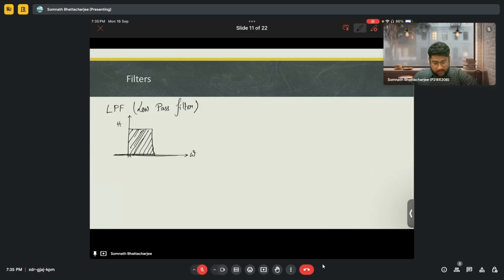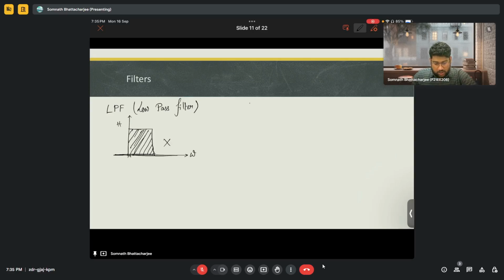After that, if anything is found in this region, we should just cancel it out. So if we know that the noise has higher frequency, we need a low pass filter where we pass only the signal inside the lower frequency region, where the noise is more in the higher frequency region.